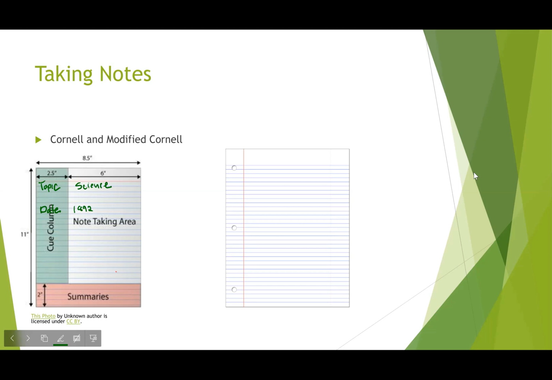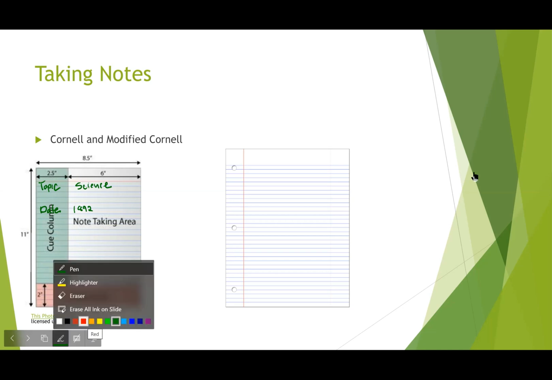And then you leave the summary section blank until after you're finished with the class. And then afterwards, when you're going over your notes, put in your own words down here in the summary what works for you, or what you understood, or questions that you might have left over.